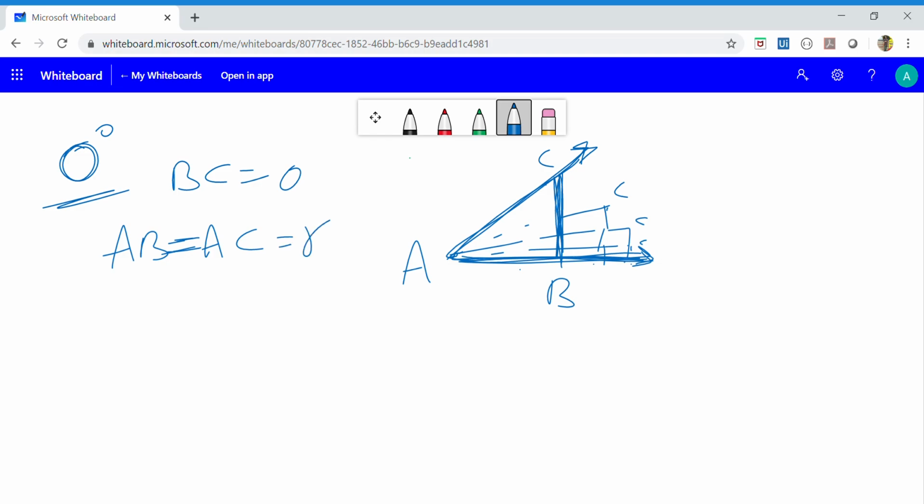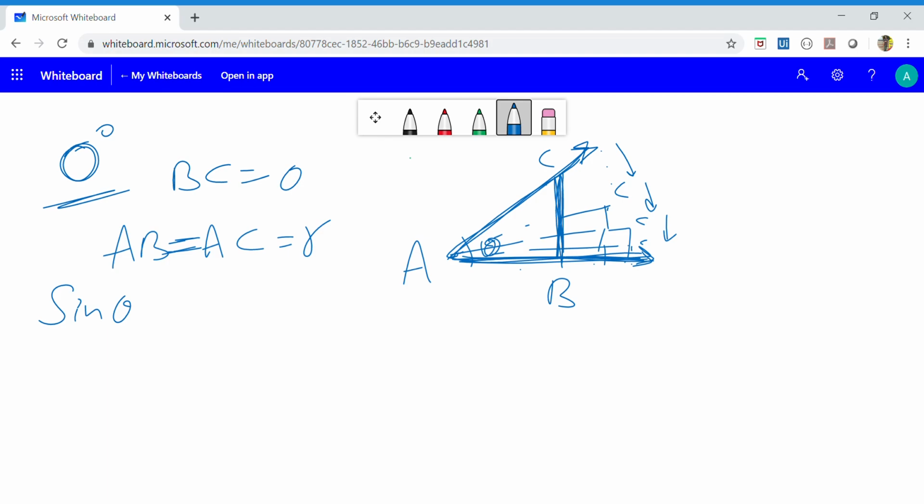Now let us assume that AB is equal to AC is equal to some length r. So now consider sine theta. The theta is at A. The terminal ray comes down, down, down and coincides with the AB ray.